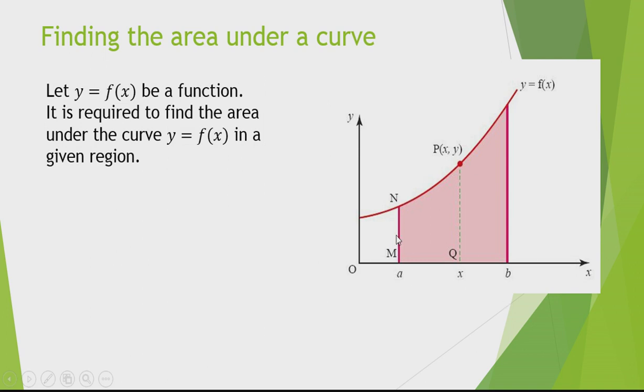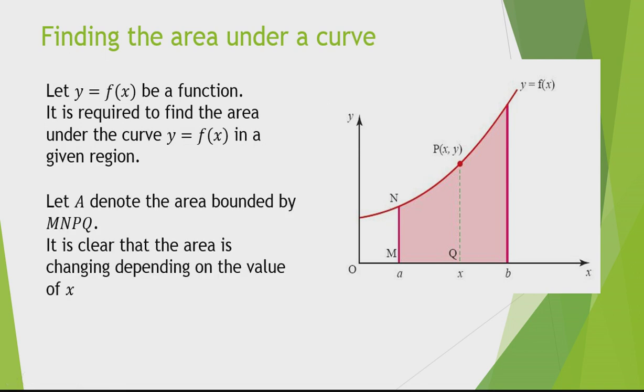So what do I do here? I am going to consider a small area part of this region, not the complete shaded region, but a small region which is denoted as MNPQ. The other important part is that whenever this point P is moving along the curve, this MNPQ area will be changing from time to time.